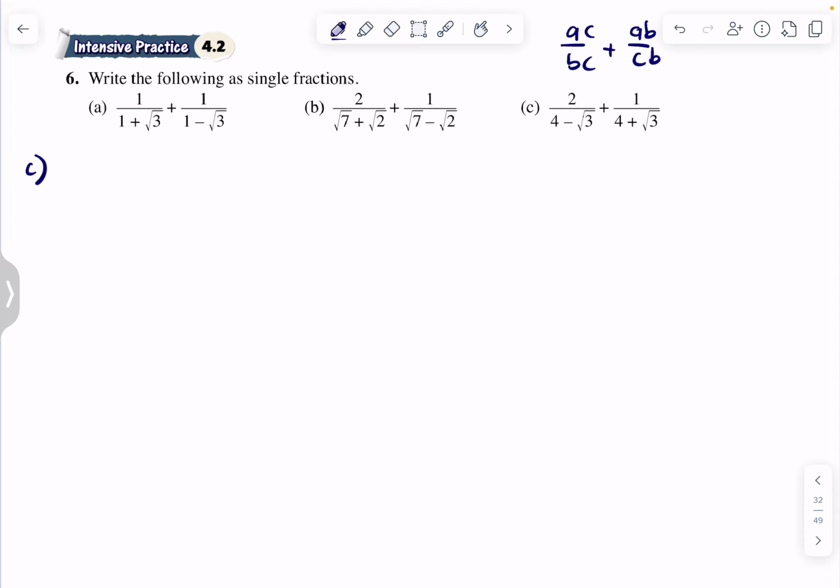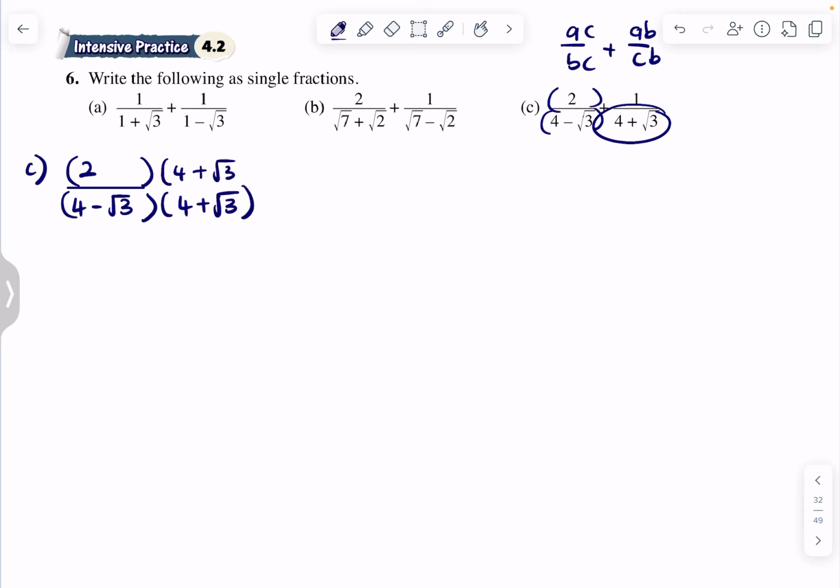Let's look at C. Same thing. So here, this fellow, we multiply with this denominator. So we get 2 over 4 minus √3 times this fellow, 4 plus √3, 4 plus √3, plus 1 over 4 plus √3.